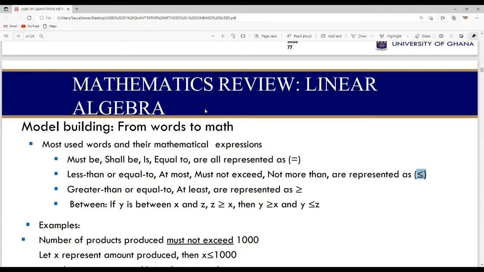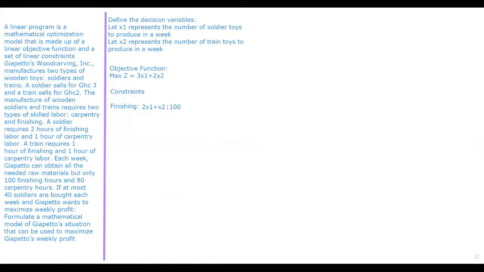So here you are going to use what? Less than or what? Equal to. But only, you use less than or equal to.